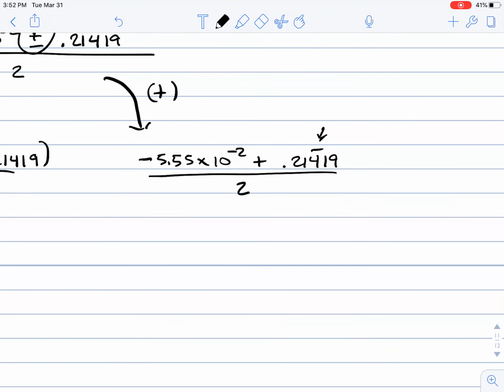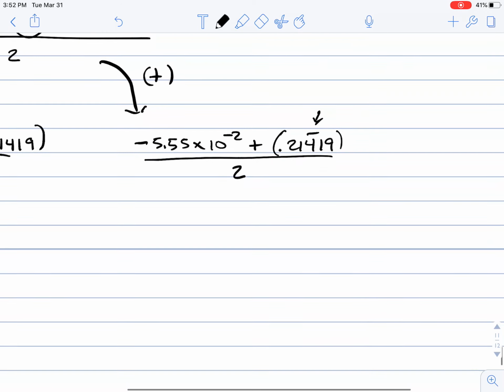So once you guys have this setup, notice that this is a larger number. This 0.21419 is a larger number than negative 5.55 times 10 to the negative 2. And if you were to subtract them and divide it by 2, the value for this x, or the value for this solution, is going to be 7.93 times 10 to the negative 2.